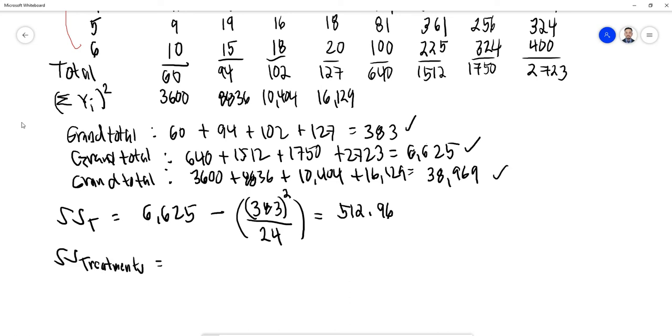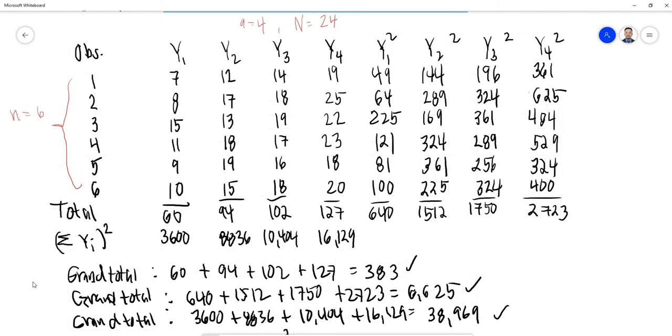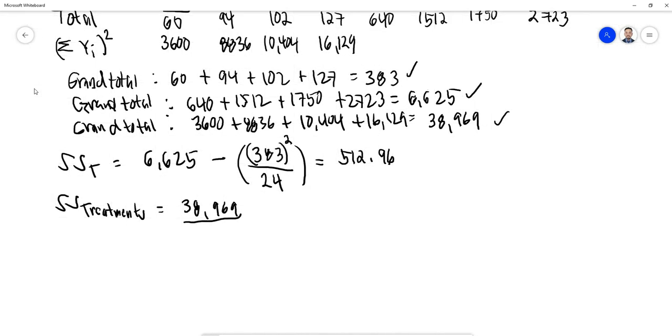Next, we will compute the sum of squares of treatments. This one, 38,969 over the number of observations, small n, which is 6, minus 383 squared divided by the big N, which is 24, the number of samples.